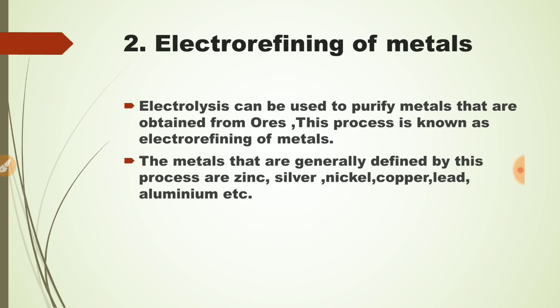Now the second application is electro refining of metals. What is the meaning of refining? Refining means purifying. The metals that we extract, we extract them from what? Ores. What do ores contain? Impurities, and we have to remove those impurities. So to remove the impurities we use electrolysis, and to purify the metals that are obtained from ores by electrolysis is known as electro refining of metals.